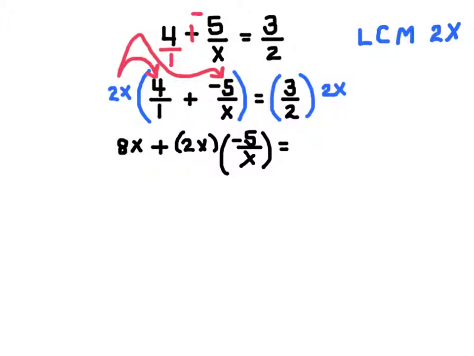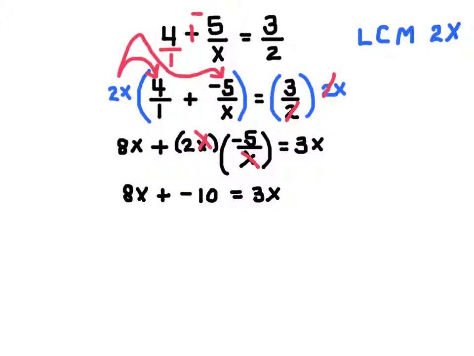And then on the right-hand side, we can see that the 2's cancel out, and we get a 3 times x. And if we look on the left-hand side, we can see that the x's cancel out, and we get a 2 times negative 5. So the left-hand side becomes 8x plus 2 times negative 5, which is a negative 10, and it's equal to 3x.